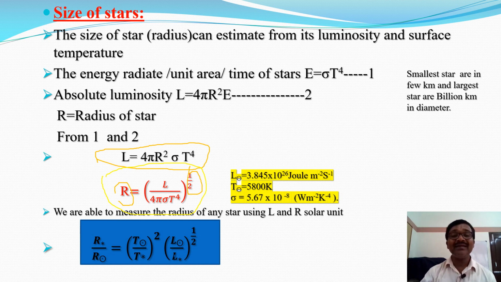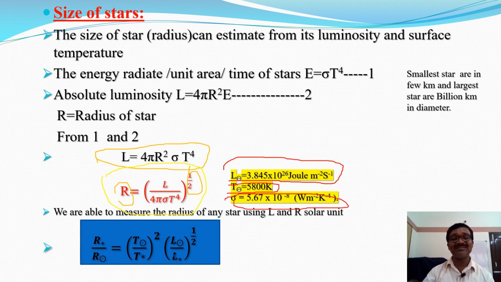So, by keeping the solar constants, that means the absolute luminosity of the sun and surface temperature of the sun, and the value of Stefan's constant, in this equation, we get the radius or size of the star as 6.96 into 10 raised to plus 5 kilometer.